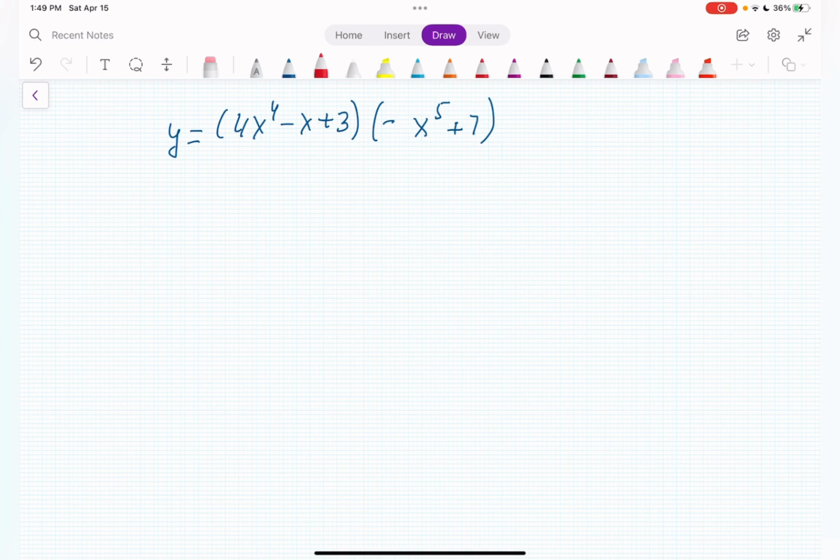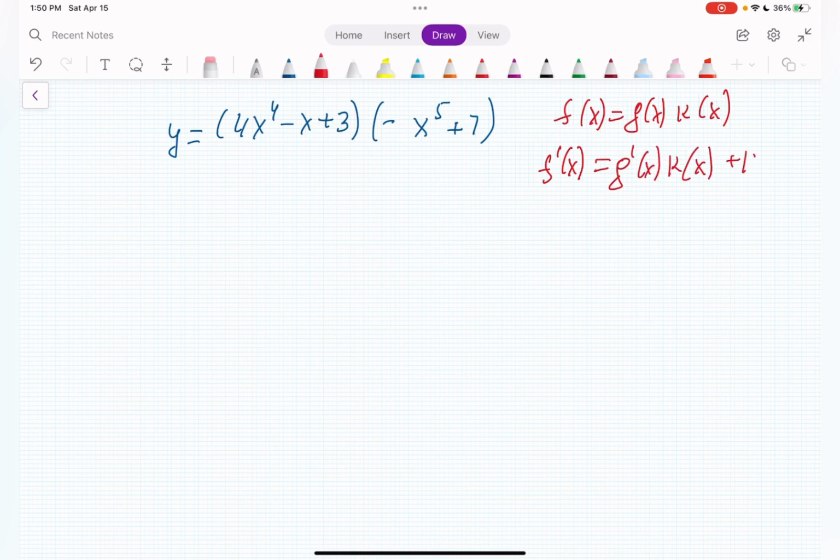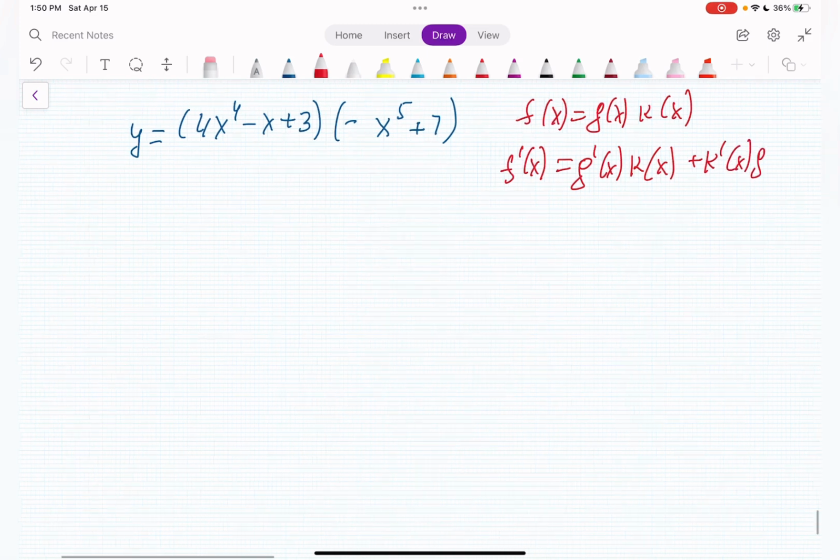Let me remind you, f of x is equal to g of x times k of x, and the derivative is g prime of x times k of x plus k prime of x times g of x.